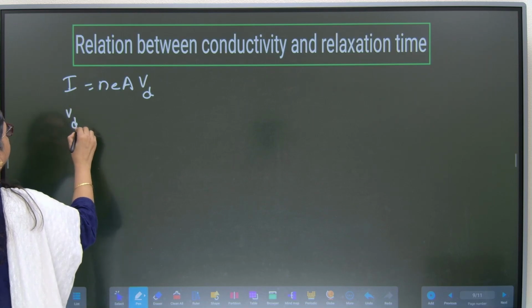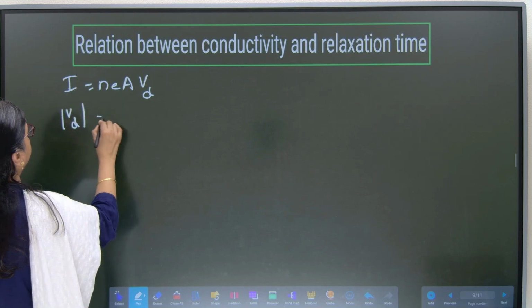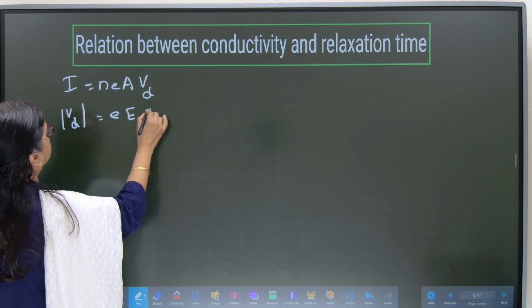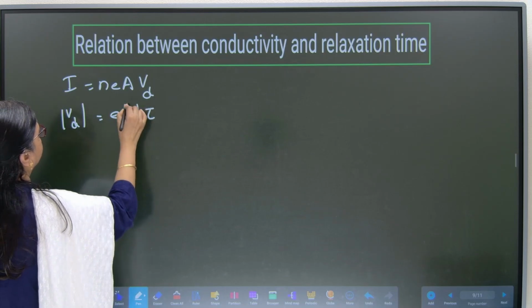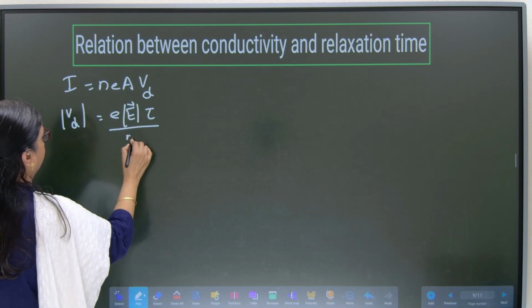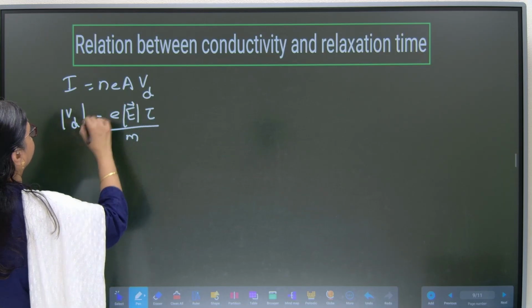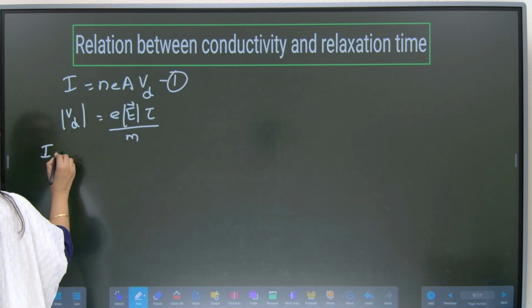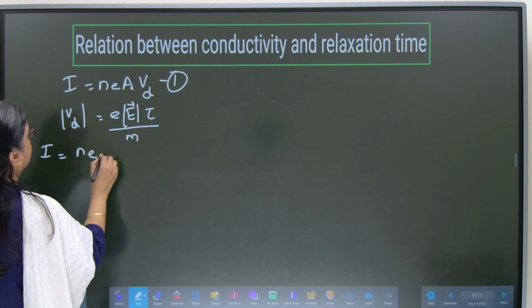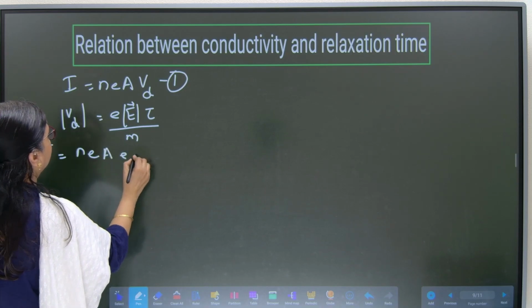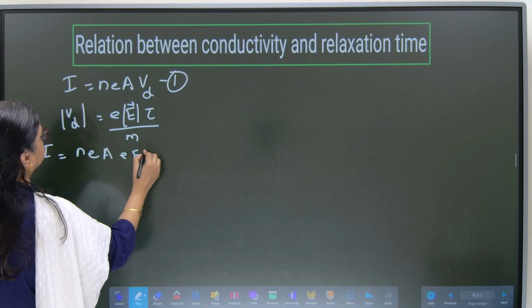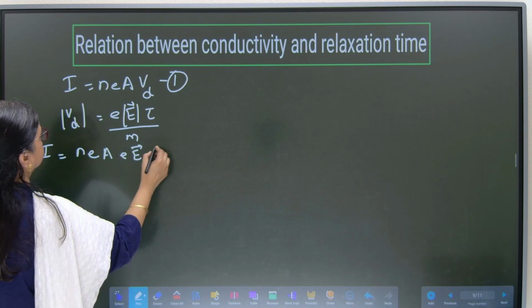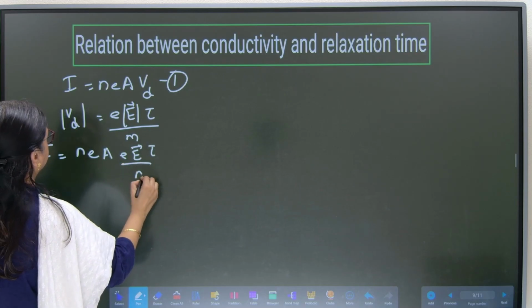Vd modulus, that is the magnitude, is equal to Ee tau upon m. Substituting Vd in equation number 1, we have I is equal to n e A E e tau upon m.